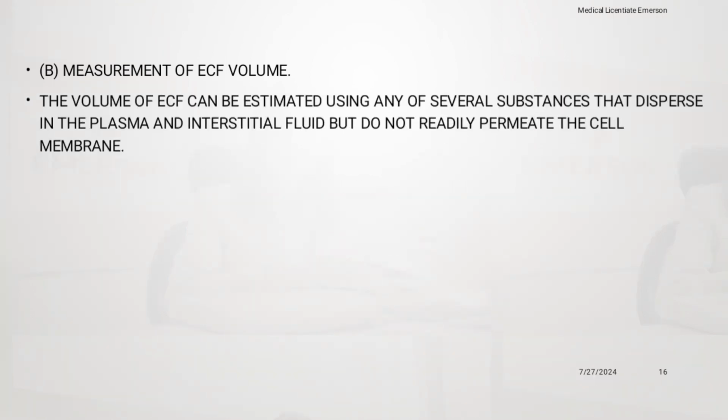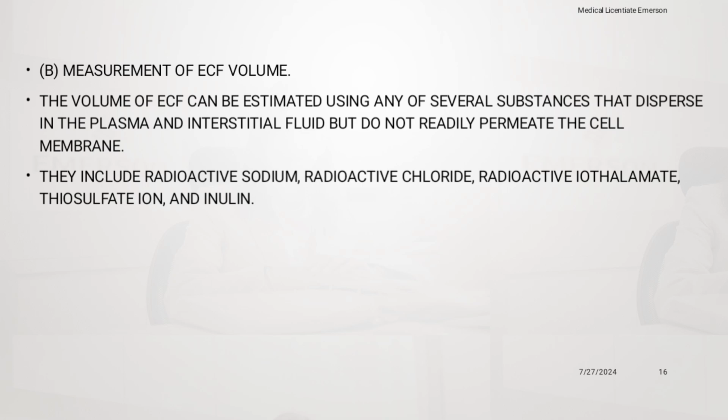Then how do we measure the extracellular fluid? Measurement of extracellular fluid can be estimated using any of several substances that disperse in the plasma and interstitial fluid but do not readily permeate the cell membrane. They include radioactive sodium, radioactive chloride, radioactive iothalamate, thiosulfate, and inulin.